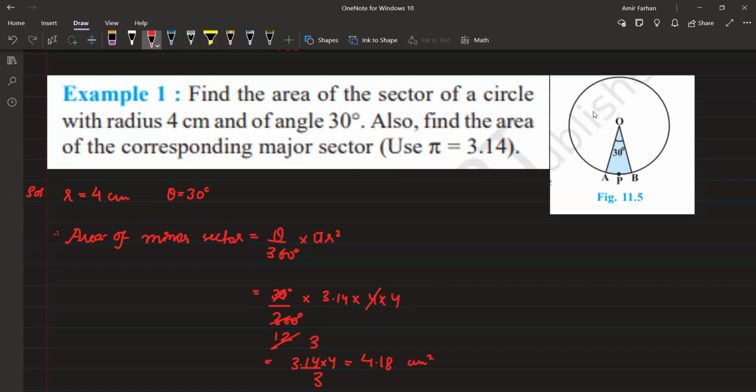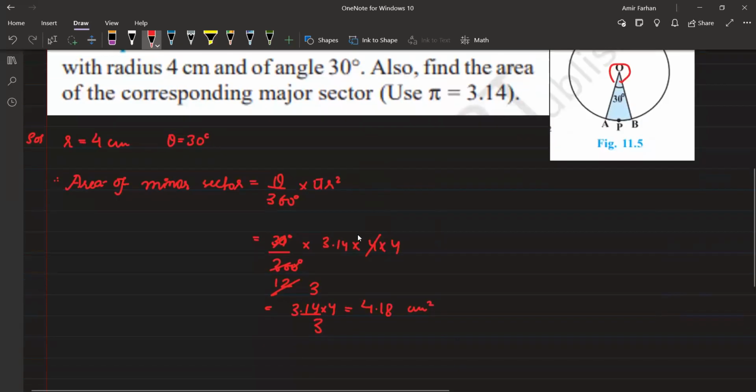Either you calculate the total area of the circle, pi r square, and subtract this one, so we'll get the remaining area. Or if this is 30, the remaining will be 330. You can use the same formula for the major sector, but the angle will be different, because the angle of the major sector is 330. Clear? Yes. So you have two approaches, and you can solve with either.